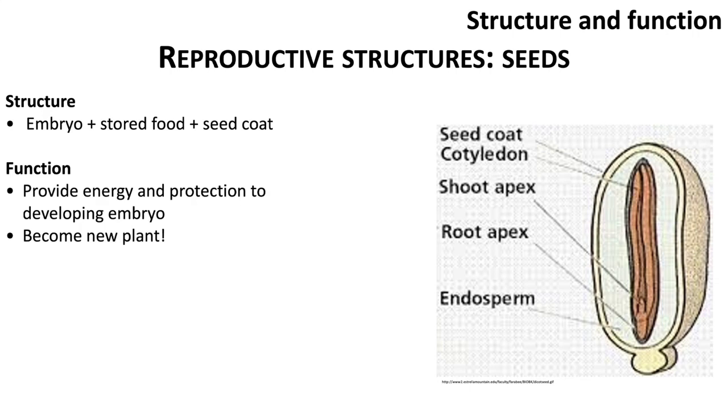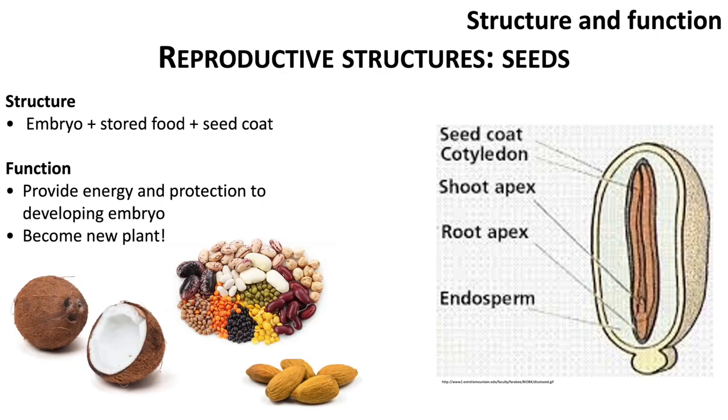The function of the seed is to provide energy and protection to the developing embryo, and of course, become a new plant. Seeds can be great sources of energy and protein in our diet, and they take many forms. Some seeds or parts of seeds that we eat include coconuts, dried beans, and almonds. There are also many, many more.